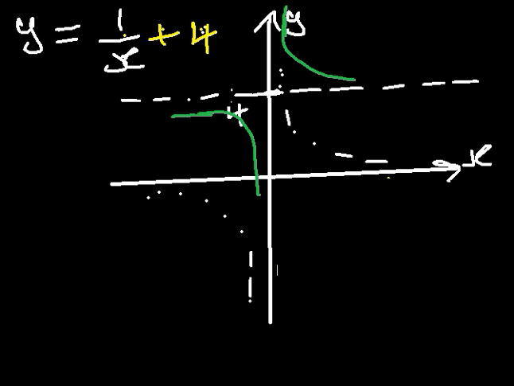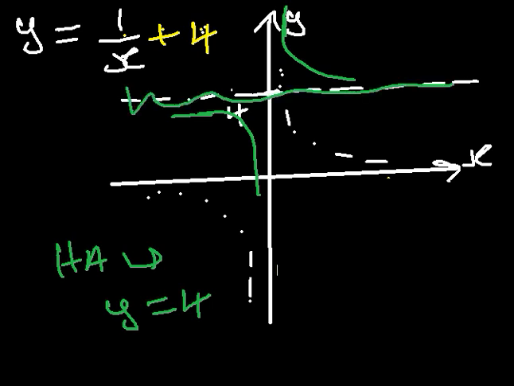For this case, the horizontal asymptote happens to be y is equal to 4, which is this line.